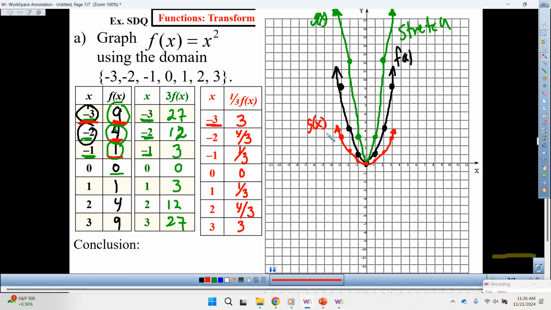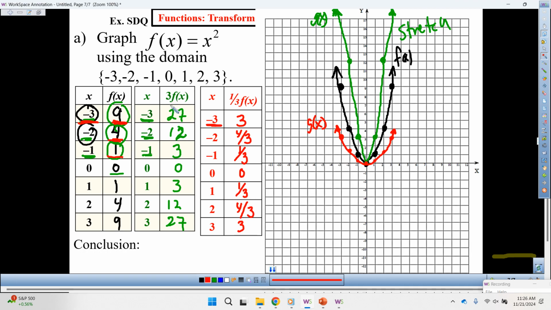All right. So, with that said, we said that from the original black one to get the green one, Rachel said, well, Mr. Q, we stretch it. Okay. And yeah, each of these points continues stretching that direction. But what determined that?